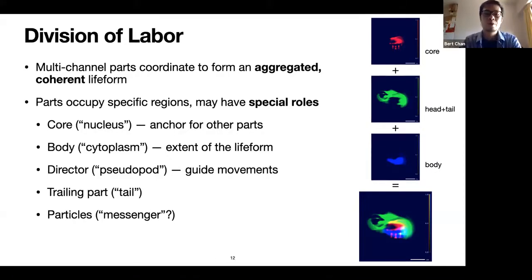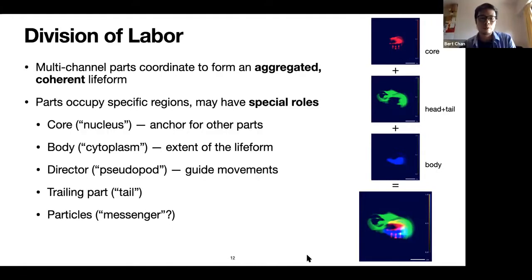These parts may occupy specific regions of the life form, and they may have special roles. Some parts may become a core that acts as an anchor of other parts, or some channels may form the body of the life form that defines the extent of the life form.